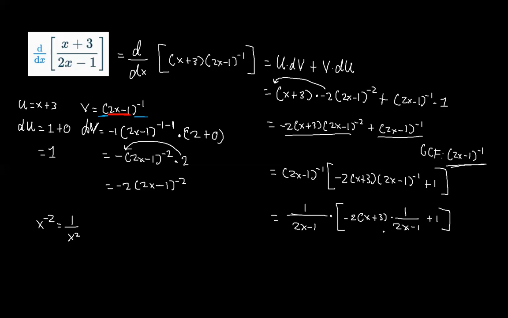Then if you multiply these two, you put this one on the top. As a result, you will have 1 all over 2x minus 1 times negative 2 times x plus 3 all over 2x minus 1 plus 1. So that's it.